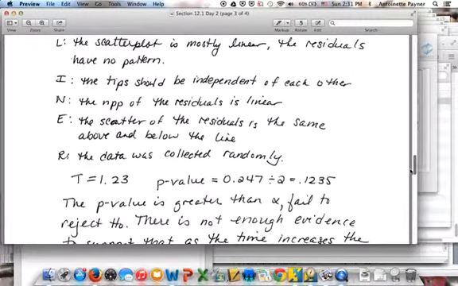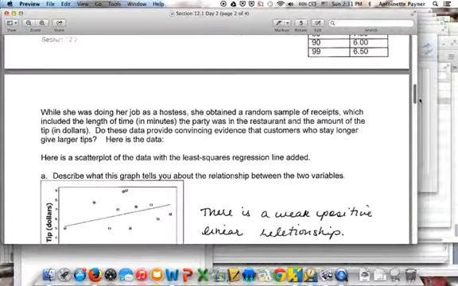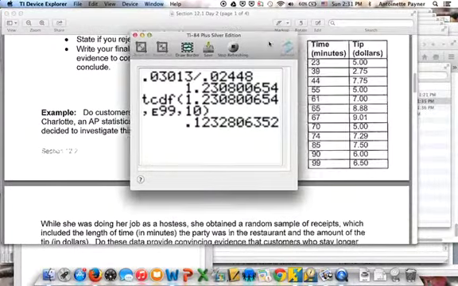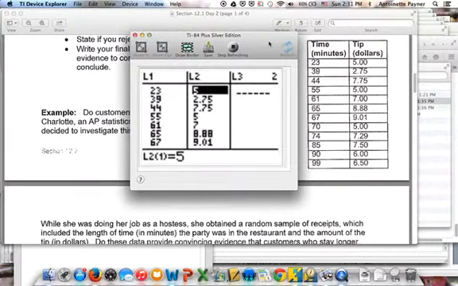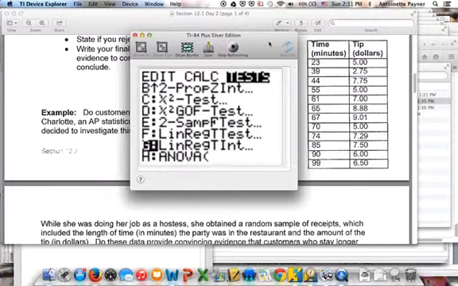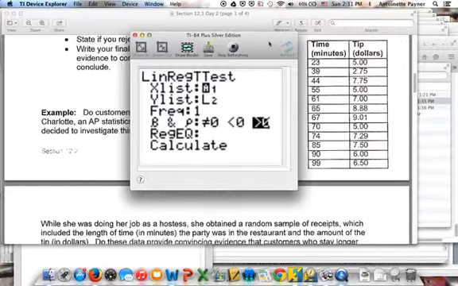There's a third way that I could get those numbers, is I can type those into lists in my calculator. So there's those values in my calculator. When I go to Stat, over to Tests, I'm going to use F, the LinRegTTest, list 1, list 2, and then I'm going to select this last option here, because it's the greater than 0.